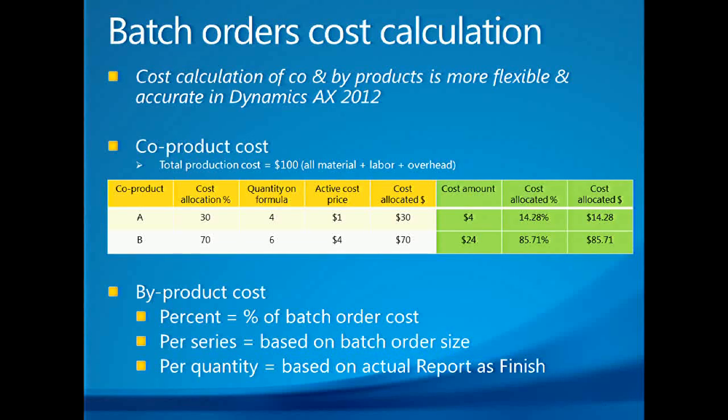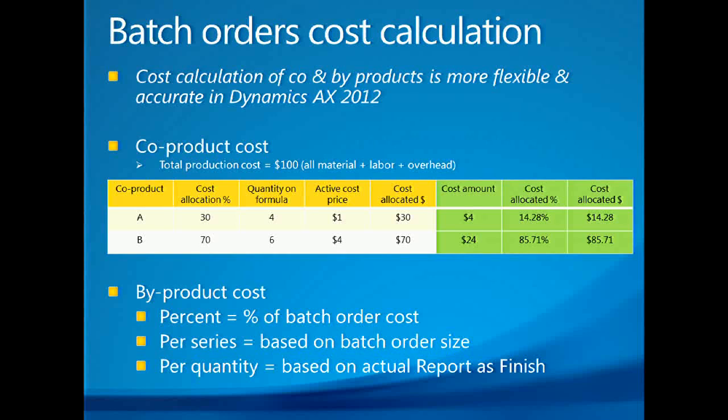But actually, we know that in the system there are cost prices. So now it uses those cost prices, and it takes an average. So it says the total cost of the co-products is $28. So it divides 4 by 28, and the rest is here. So that becomes your cost allocated percentage. All right, so that's sort of taking the quantity that is coming out and taking the active cost price into consideration.